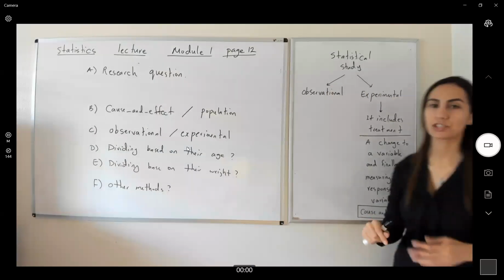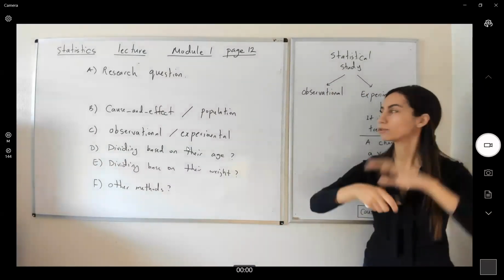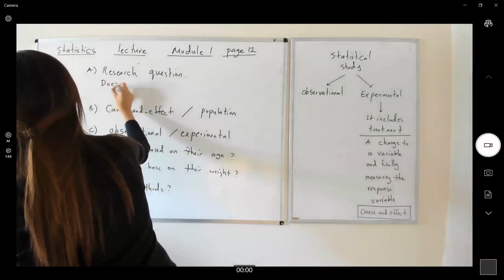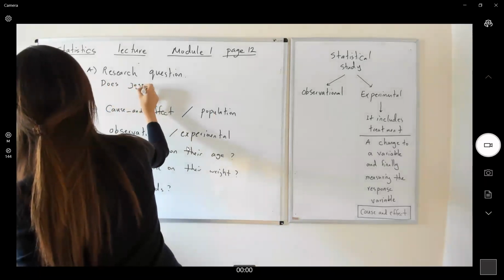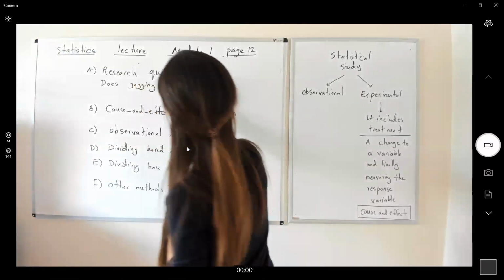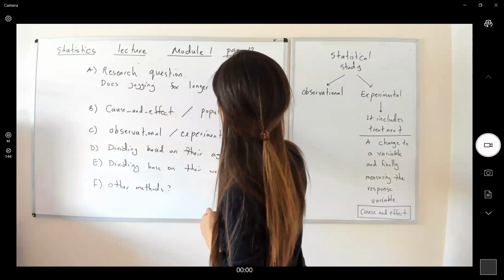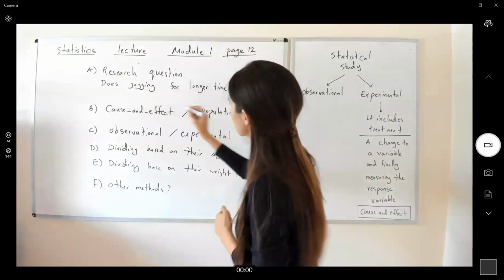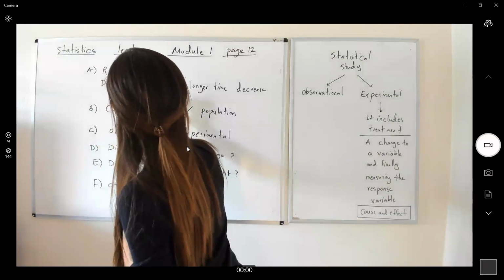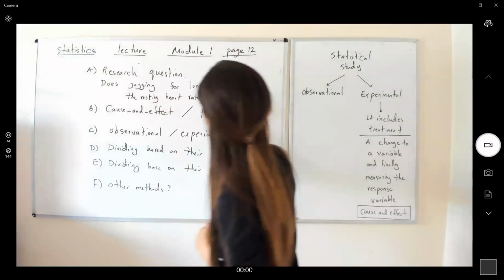So the research question, in this case, shows a relation between 2 variables. You can ask a question like this: does jogging for longer time decrease the resting heart rate of students?